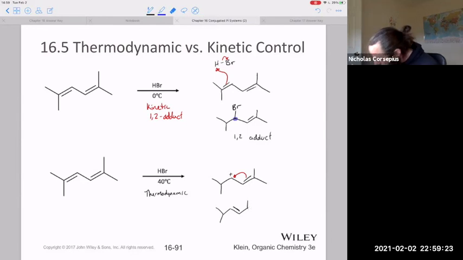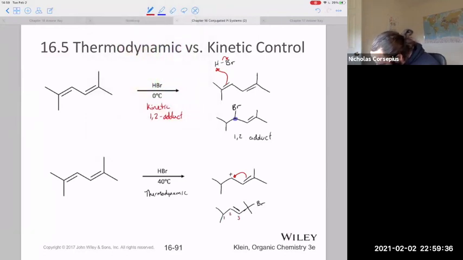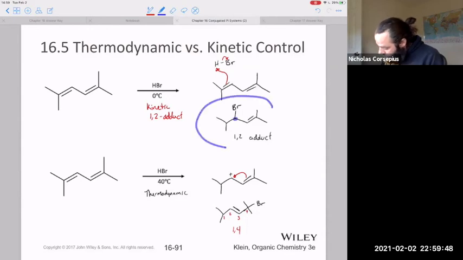I'm going to sort of clean up my geometry here. And so this would be the 1,4 adduct, right? Now the question is which one of these is more stable, the 1,2 or the 1,4?